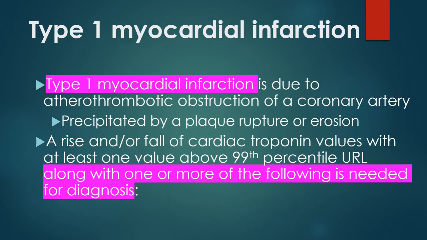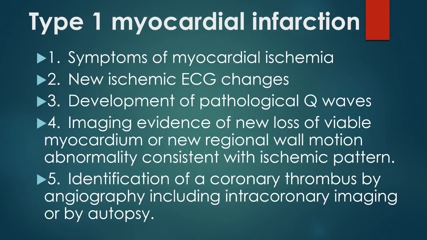Type 1 myocardial infarction is due to atherothrombotic obstruction of a coronary artery, usually precipitated by a plaque rupture or erosion. A rise and or fall of cardiac troponin values with at least one value above the 99th percentile upper reference limit, along with one or more of the following is needed for the diagnosis. 1.